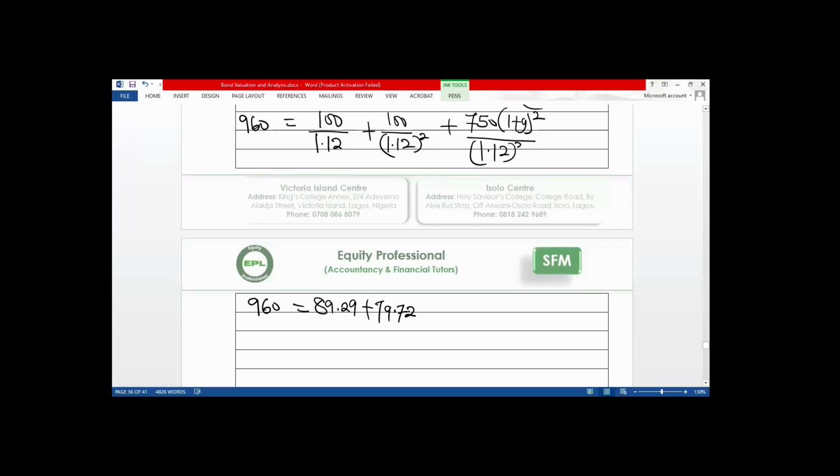What we are going to do is simply to say 750 divided by 1.12 raised to power 2. That gives $597.9.